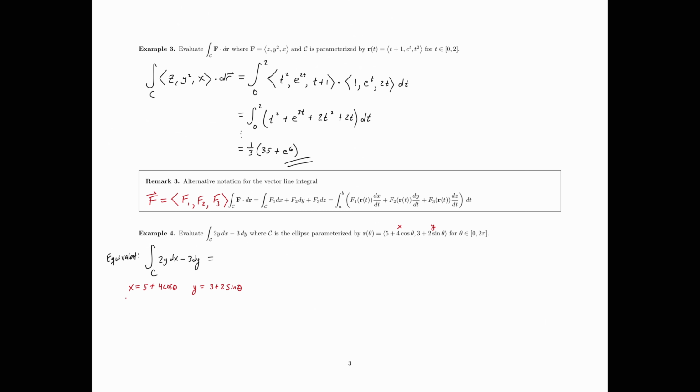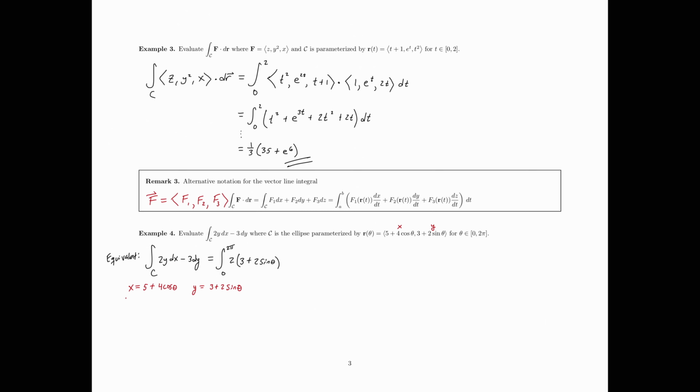And look here. We know our range for t is 0 to 2 pi, so let's fill that in. 2 times y, well, we know from our parameterization that's y. So this will be 3 plus 2 sine theta. And then we have to multiply by dx.